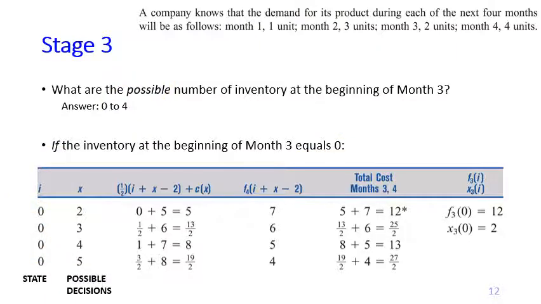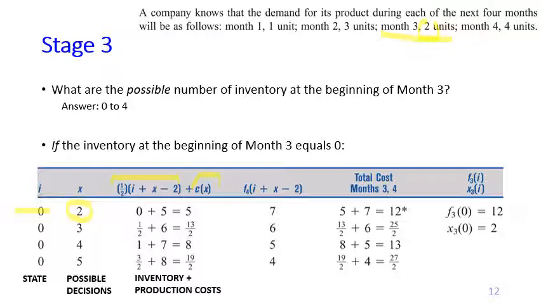Now that we have seen all the possible decisions corresponding to the state 0, let's compute the cost. So the cost consists of inventory cost and the production cost. For example, if we start with 0 inventory, we produce 2 units, and the demand for month 3 is also 2 units.